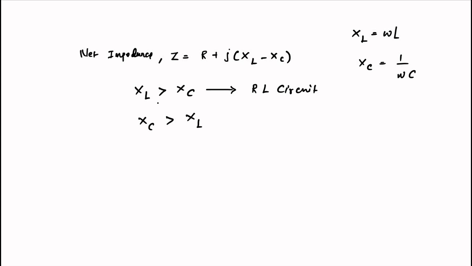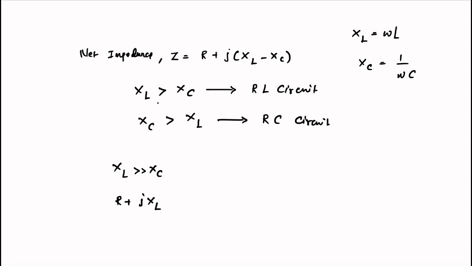Now if the capacitive reactance is greater than the inductive reactance, then the RLC circuit will behave like a RC circuit because of the dominance of capacitive reactance. This is the important thing, because if XL is greater than XC, then we can disregard this capacitive reactance and simply write R plus jXL.